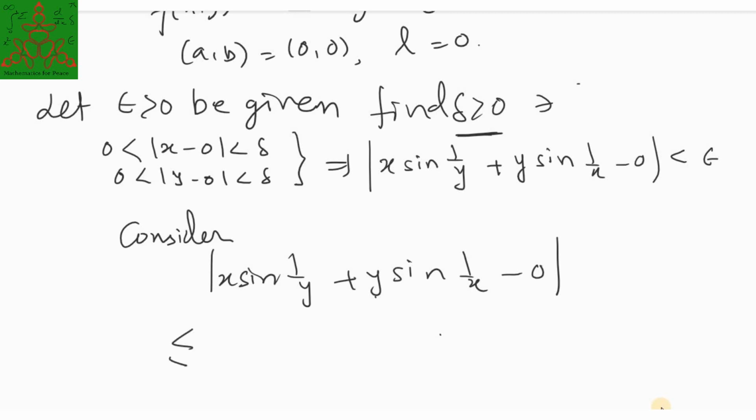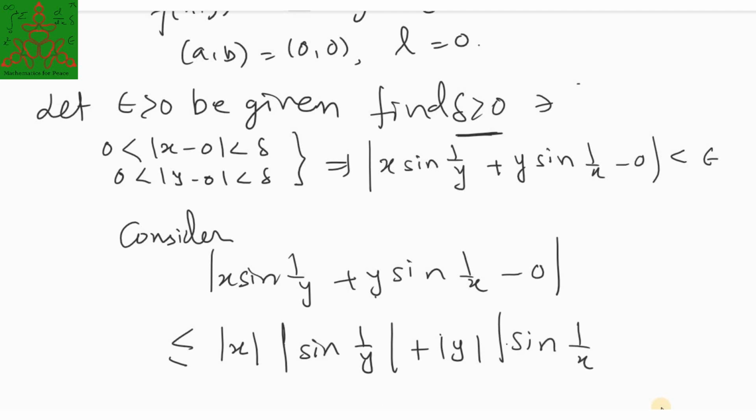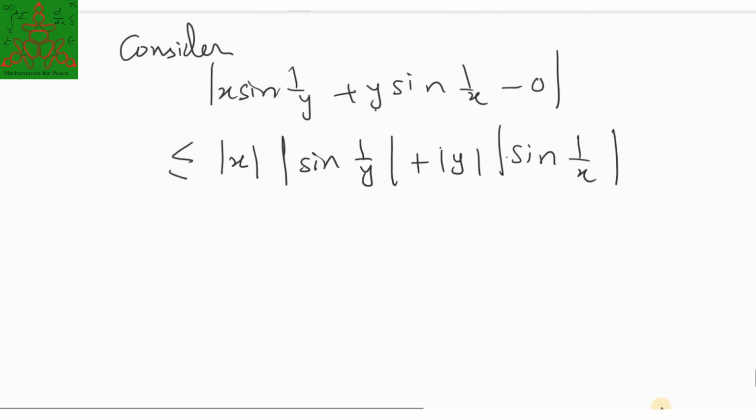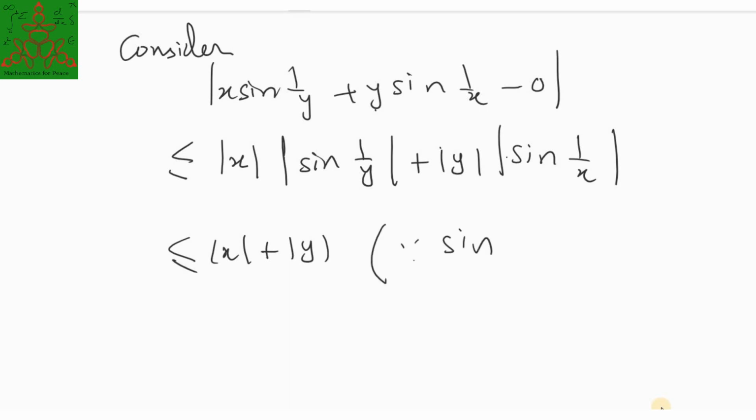So I start with x sine 1 by y plus y sine 1 by x minus 0. By the triangle inequality we can write this as mod of x mod of sine 1 by y plus mod of y mod of sine 1 by x. This is less than or equal to mod x plus mod y, because sine theta is always between minus 1 and 1 for every theta.